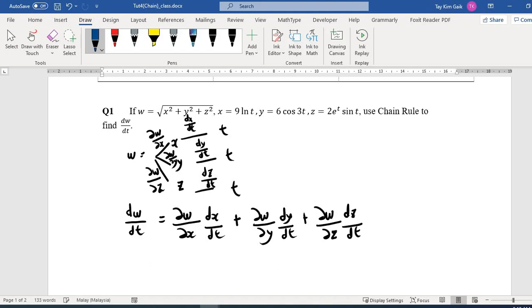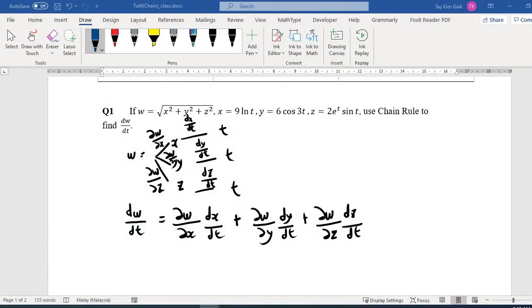Okay. So you need to find the partial derivative of w with respect to x, y, z. Then plug in here. X, y, z you differentiate with respect to t. Plug in here, then you get the result. If the question says they want it in terms of t, then lastly you have to plug in x, y, z in terms of t.